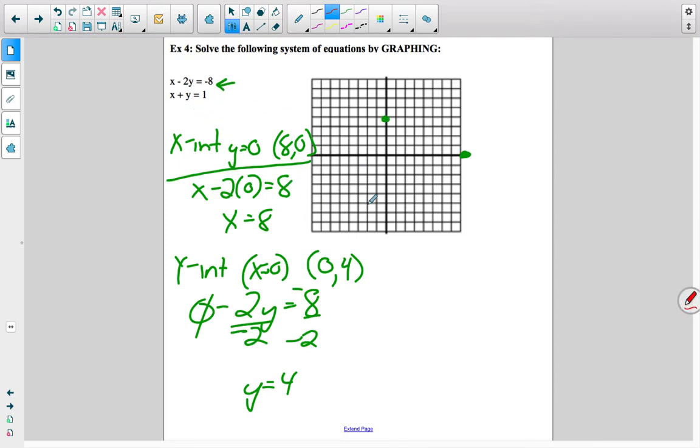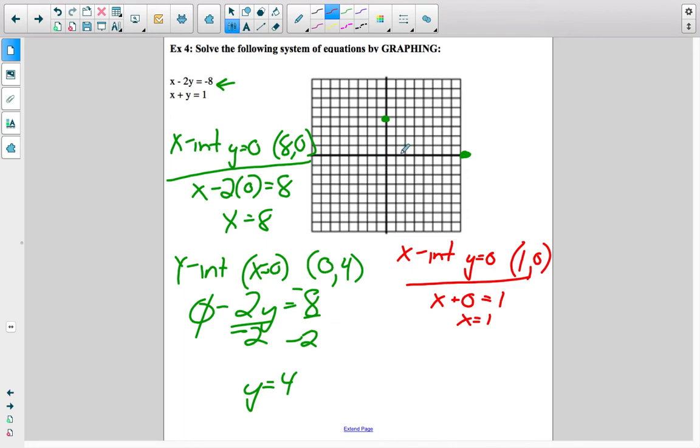For the other line, for the x-intercept, I plug 0 in for y. So what is x when y is 0? Well, this one's kind of an easy equation. I plug 0 in for y to this. x is going to equal 1.